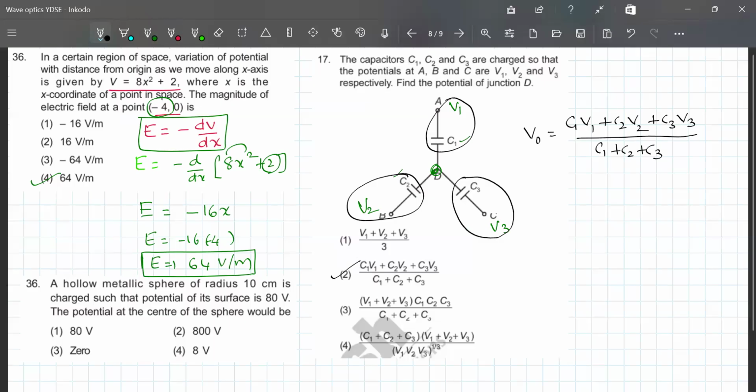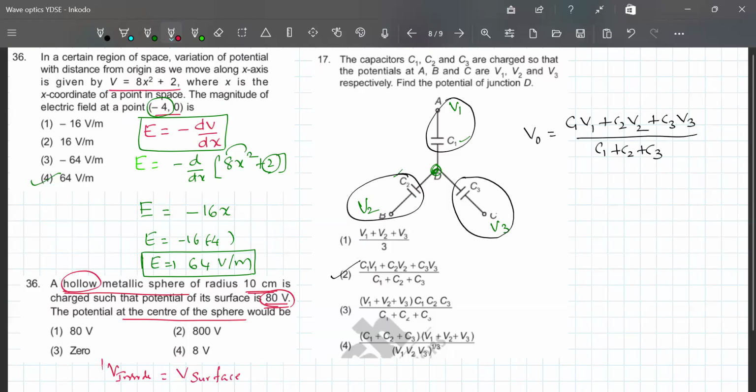Okay. Now the next problem is a hollow metallic sphere. This is important. A hollow metallic sphere of radius 10 centimeter, and the surface potential is given as 80 volt. The potential at the center of the sphere, V inside, is equal to V on the surface.